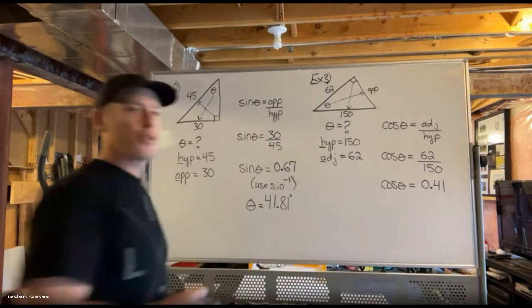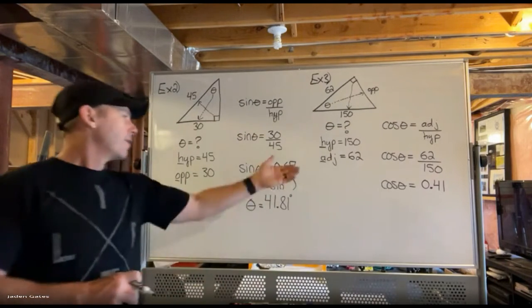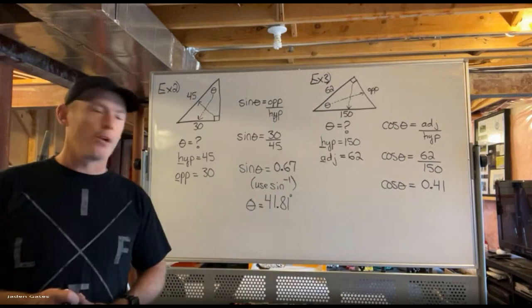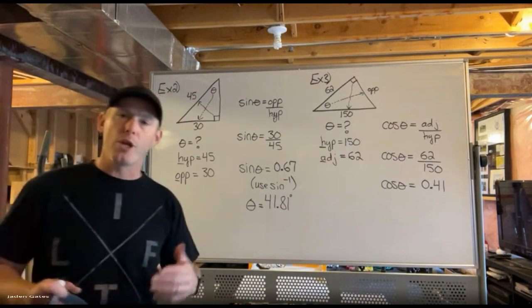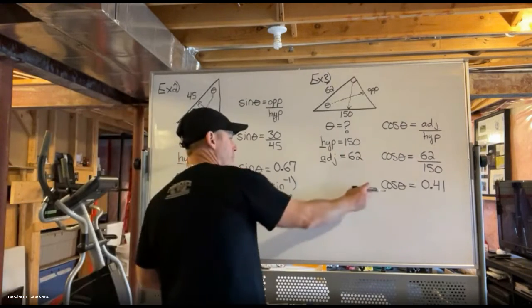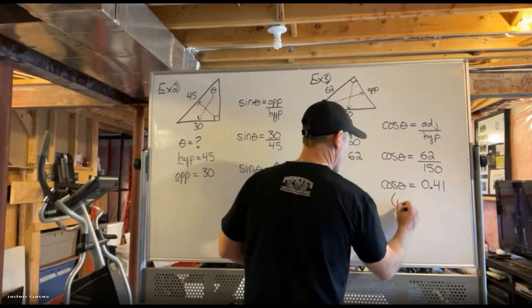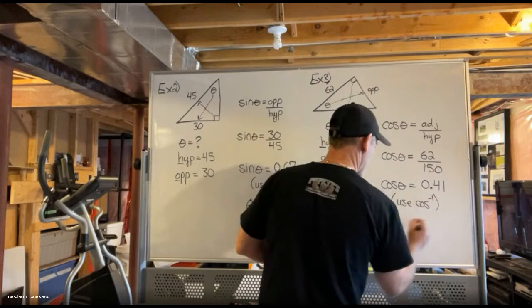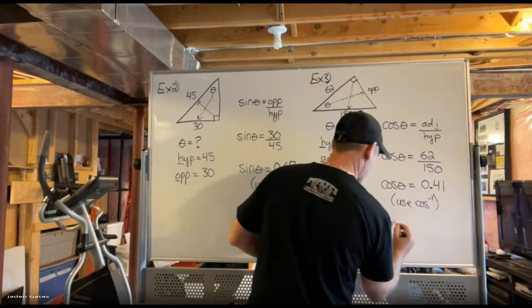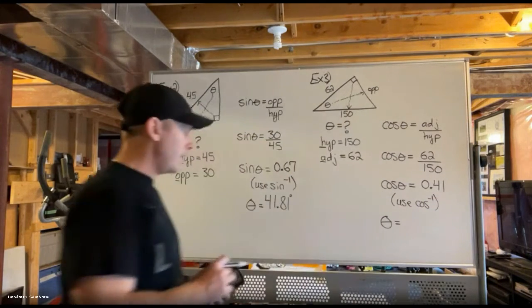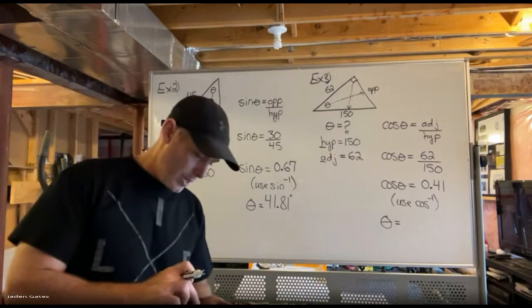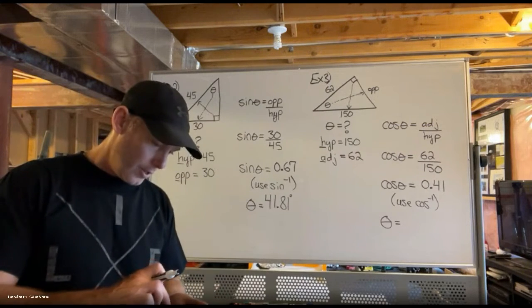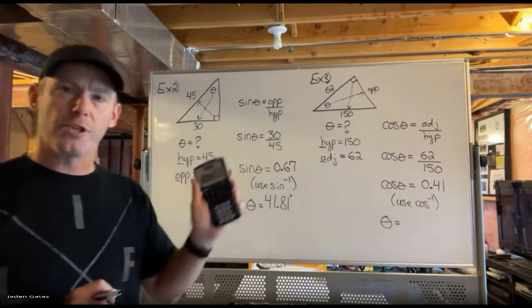All right, now again, this is where the ending's different. I've got the decimal, the number. I need the angle, so I'm going the opposite way. This time, because I've got the cos ratio, I'm going to use cos reverse, or cos inverse. So I hit my second function button, the cos, and I get my cos inverse on there.